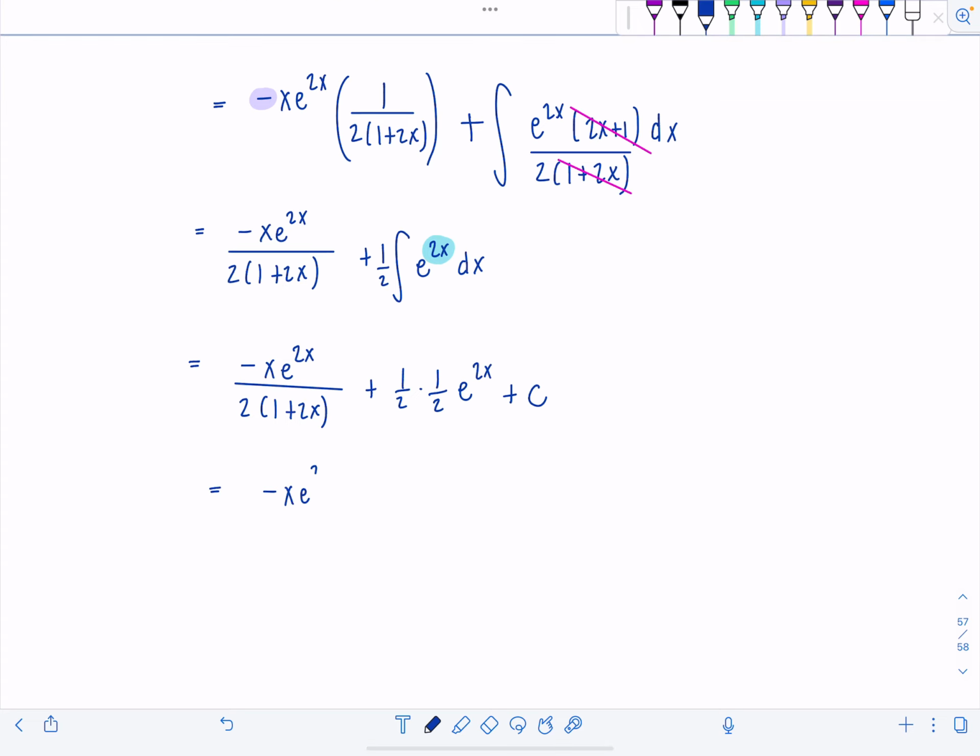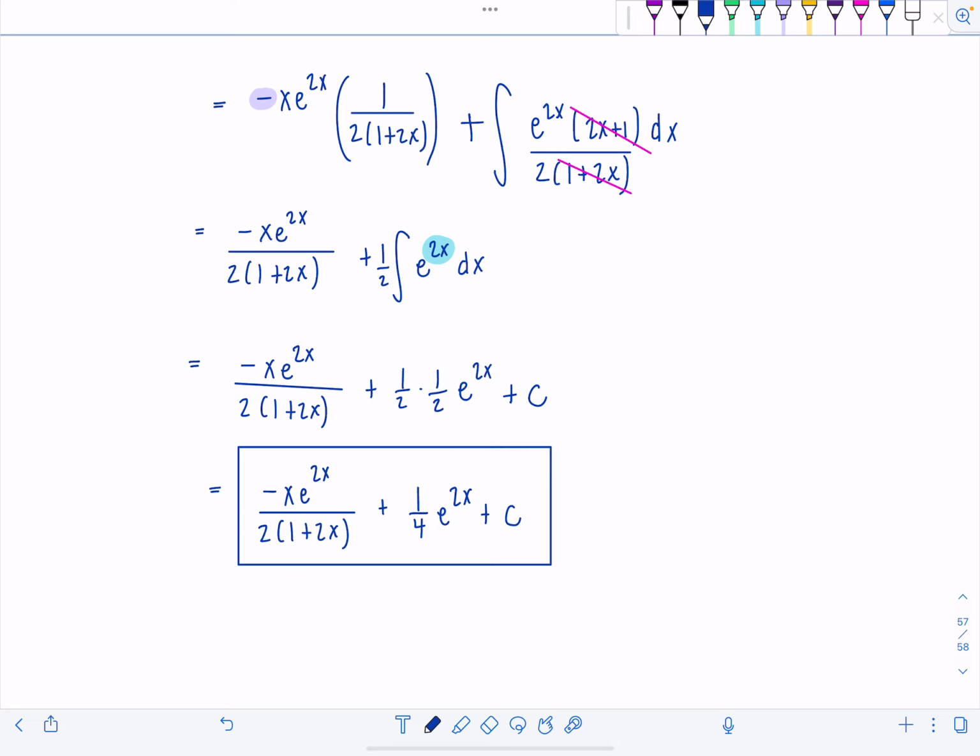Negative x e to the 2x over 2 times (1 plus 2x) plus 1/4 e to the 2x plus c. Beautiful. I think this was one of the trickiest, one of the spiciest integrals I've done thus far, just because it probably wasn't obvious how to pick u and dv, and then finding du and v was equally difficult.